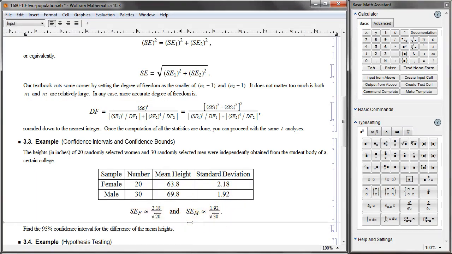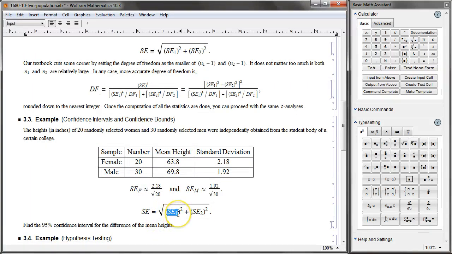And then you put these two together using this formula down here. Here I have to replace this one by female and that one for male, and that's it. Run your calculator, you're going to get the standard error of the system.